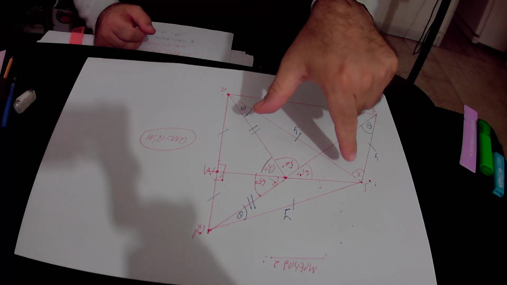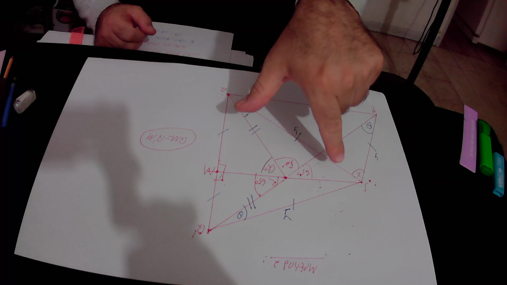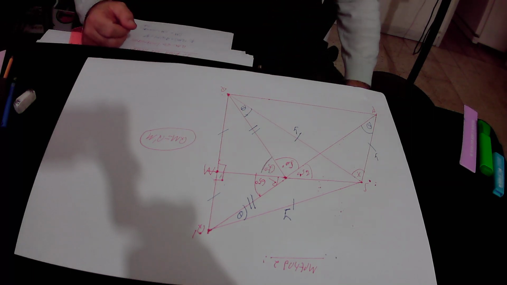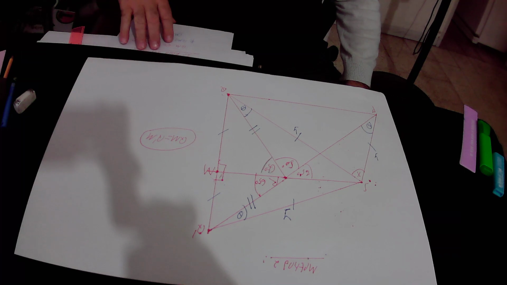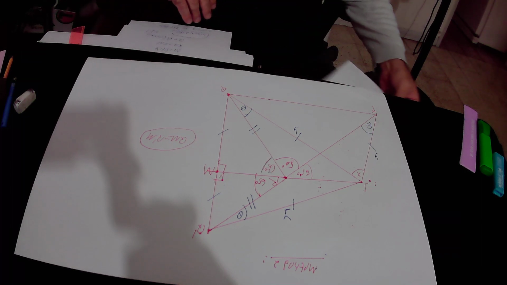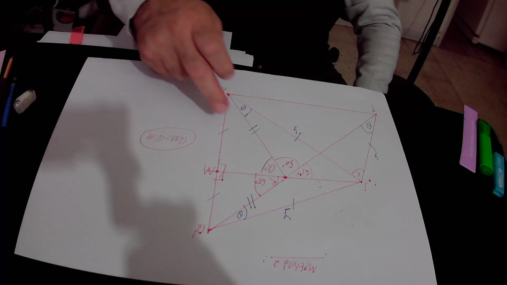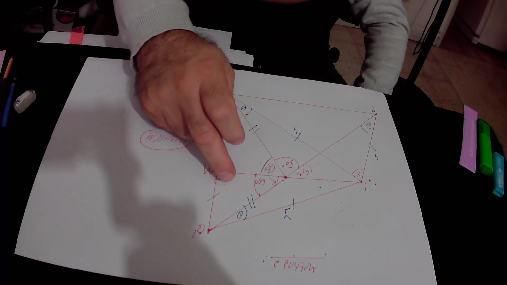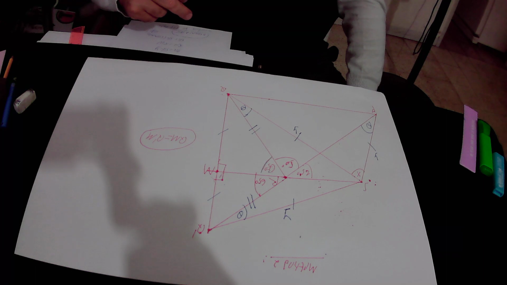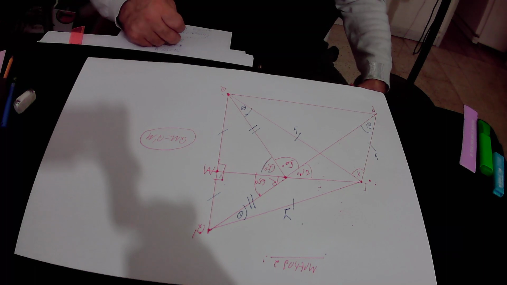And we have a common side, SM equals SM, because it belongs to both triangles. So we proved that the right triangle SMQ is congruent to the right triangle SMQ dash according to the side angle side rule.